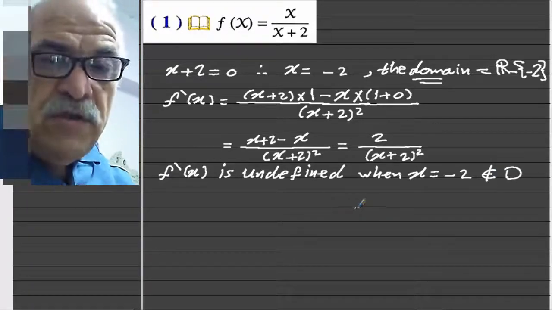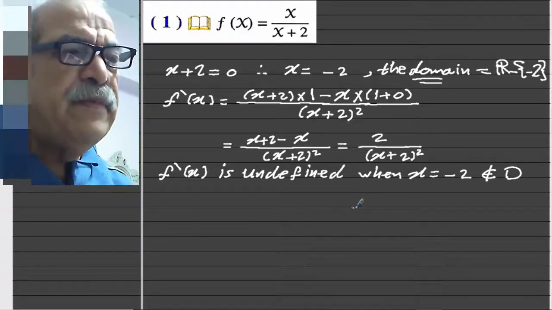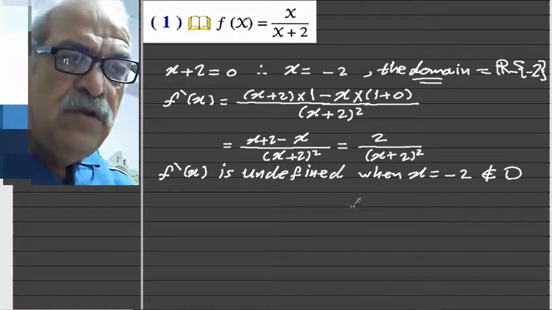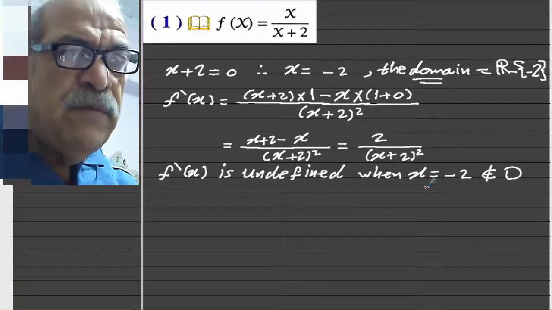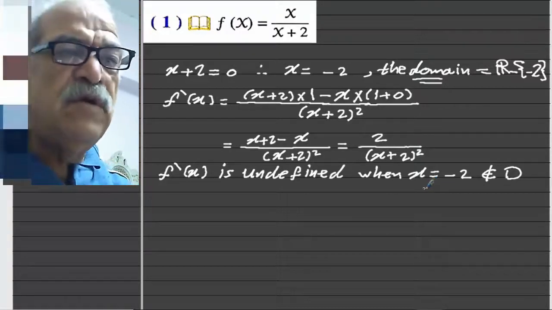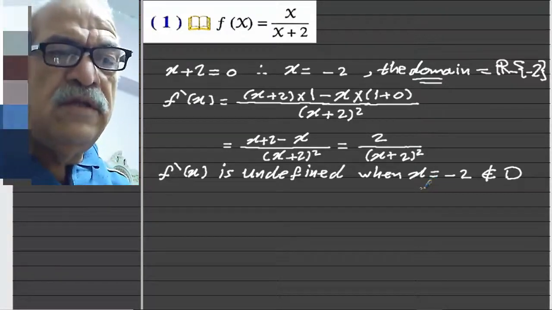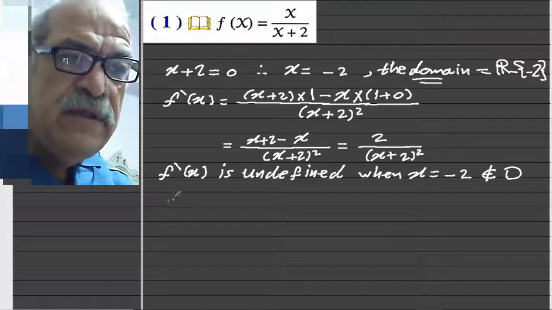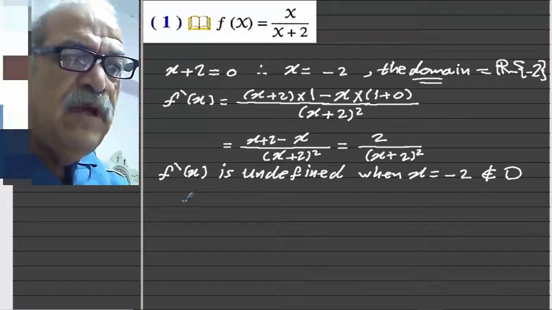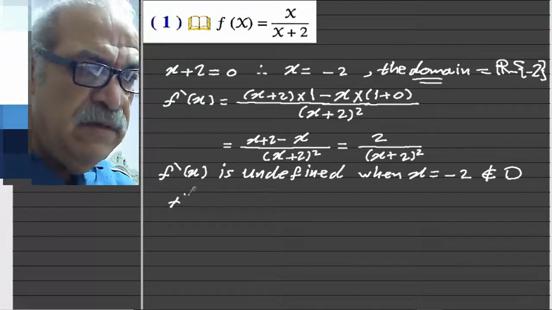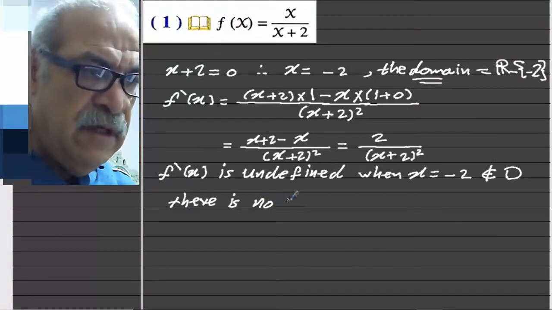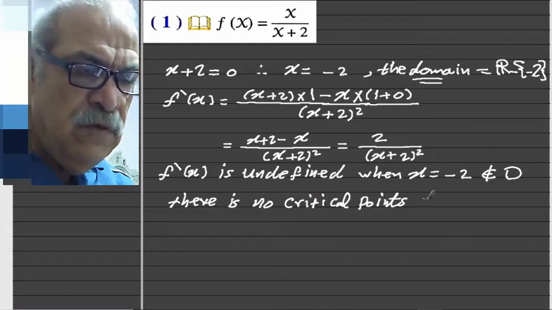So f dash not equal 0, okay? And the f dash also is undefined when x equals negative 2. But negative 2 doesn't belong to the domain, so there is no critical point to f of x. So you can say there is no critical points to the function f.